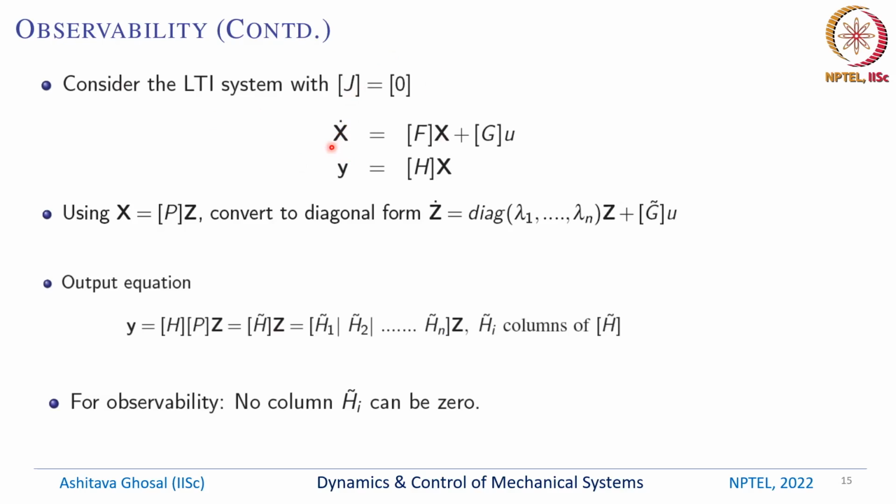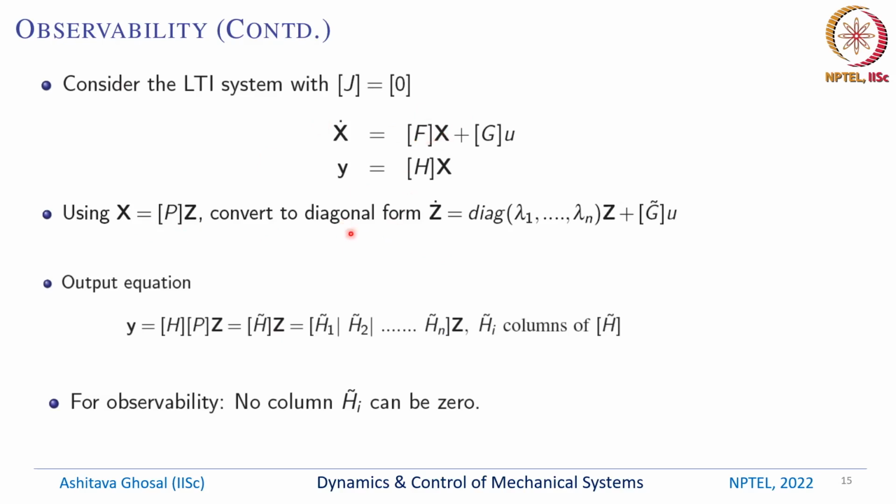Then the state equation is x dot equals Fx plus Gu, and we have y equals Hx. Let us now, like in the past, do a transformation from x to z, which is x equals Pz, and then convert this F into a diagonal form. So we are looking at a very simple subset.